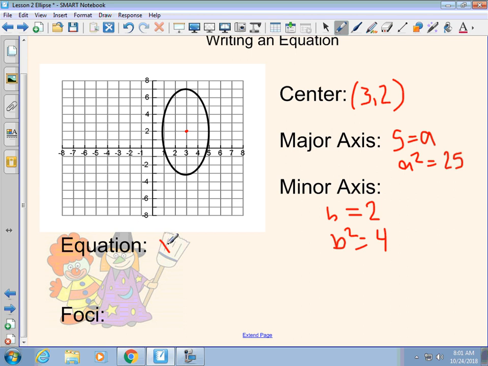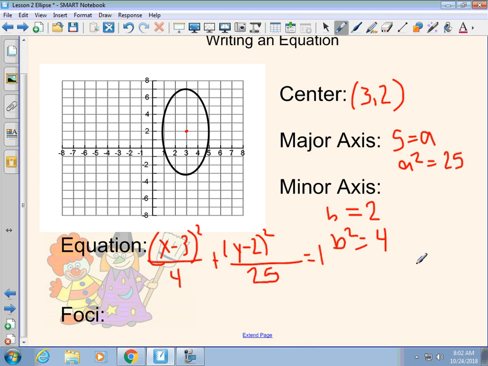So we're going to have x minus 3, remember it's the opposite of the sign, over b this time because a is not under x, so under 4 plus, don't forget the squared, y minus 2 squared over 25 equals 1.